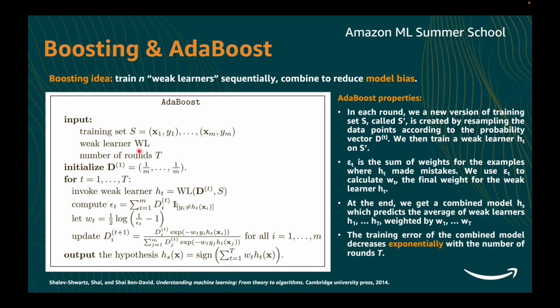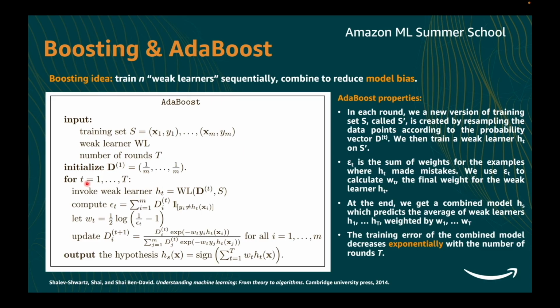At the very first round you initialize a probability vector, with all values being 1 upon m, and there are m of these values. M here is your number of data points. So you have a vector with equal probability at the start for each data point.